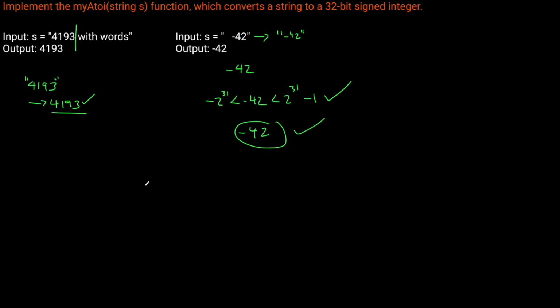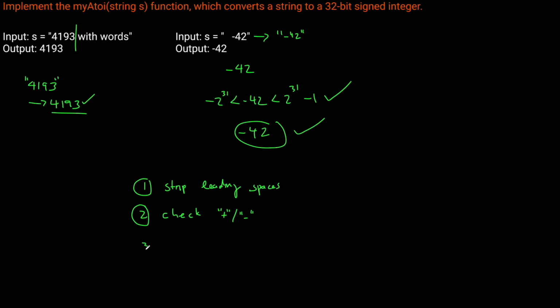Let's go over kind of the algorithm. The first thing is going to be strip white space, right? Strip leading spaces. And this is really painful to write out. And then the second thing we want to do is check for positive or negative sign in the beginning.